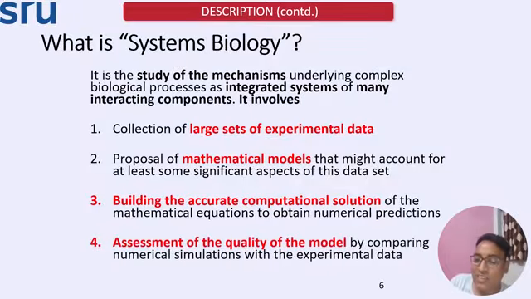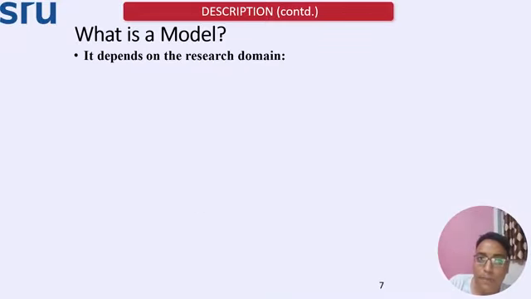Lastly, we assess the quality of the model by comparing the simulated data with the experimental data, which you may need to perform in the lab. All this goes on iteratively, again and again, until we reach the required accuracy.